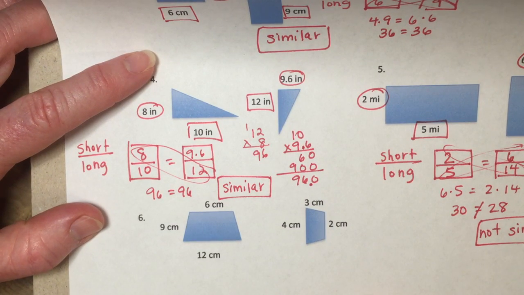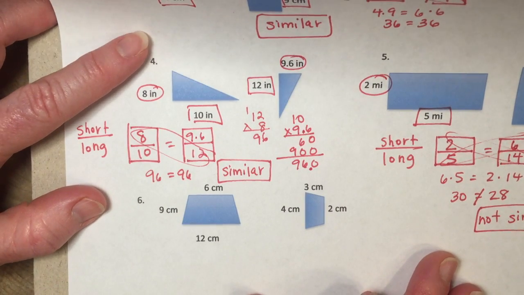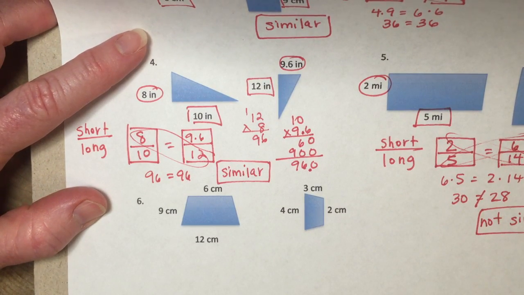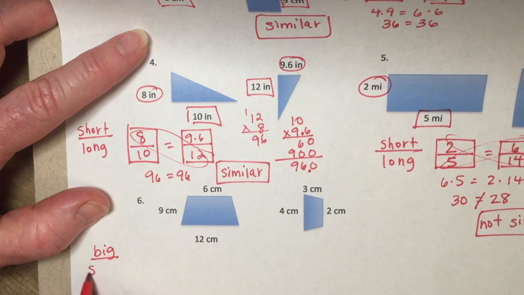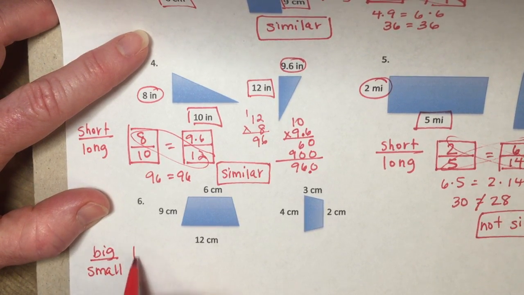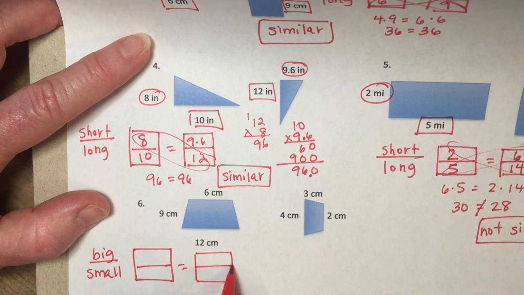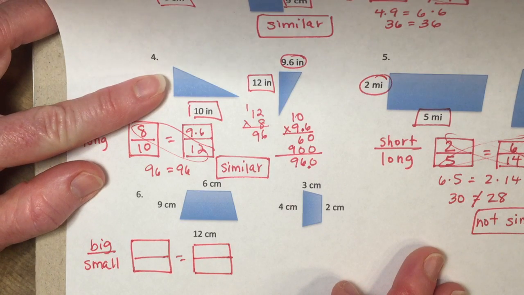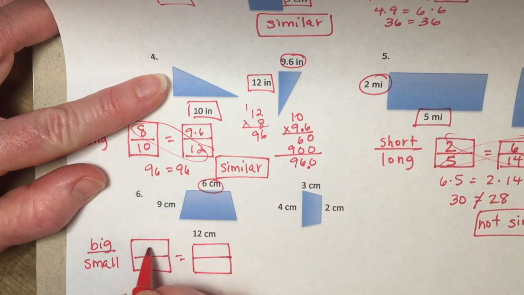And then the last one, these are trapezoids. So I'm going to set up a proportion. Let's do the big one to the small one, just to be different. I'm going to pick a side on the big trapezoid, and I'm going to start with 6.